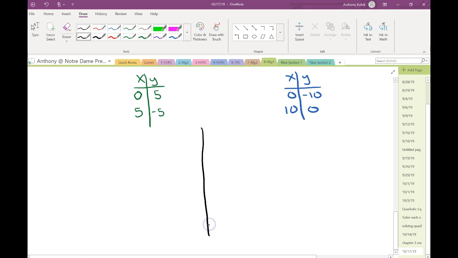So now let's go ahead and graph. 1, 2, 3, 4, 5, 6, 7, 8, 9, 10. 1, 2, 3, 4, 5. 1, 2, 3, 4, 5, 6, 7, 8, 9, 10.